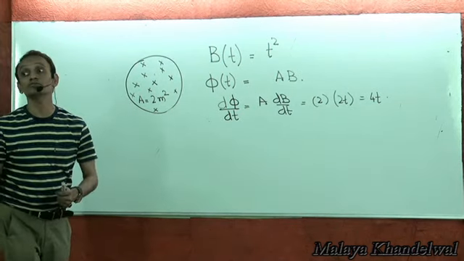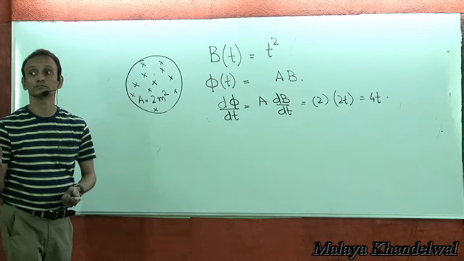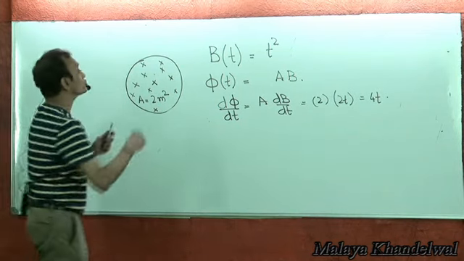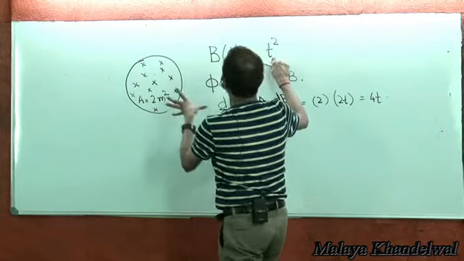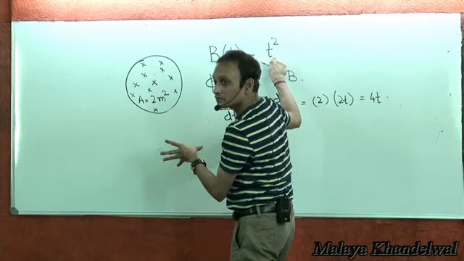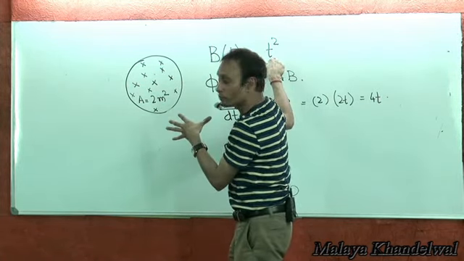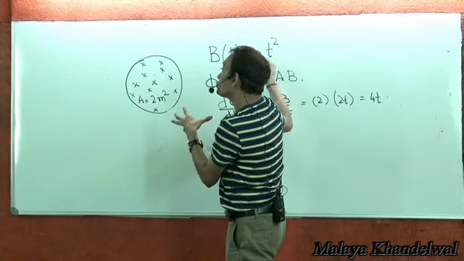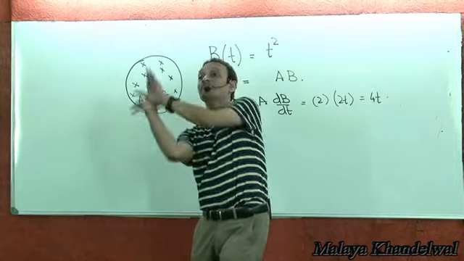The direction of the induced EMF? Yes, very good. See, there are more field lines going into the plane of the board as a function of time. Do you realize that? More and more field lines will go into the plane of the board. That means the direction of the induced EMF must oppose that change. It must throw some field lines out.